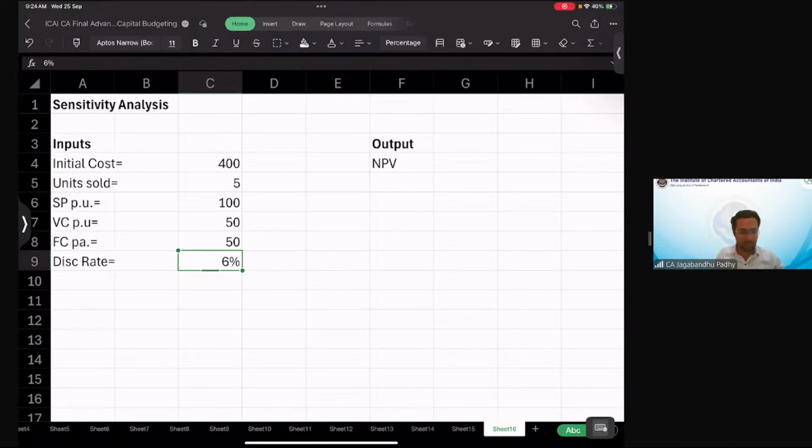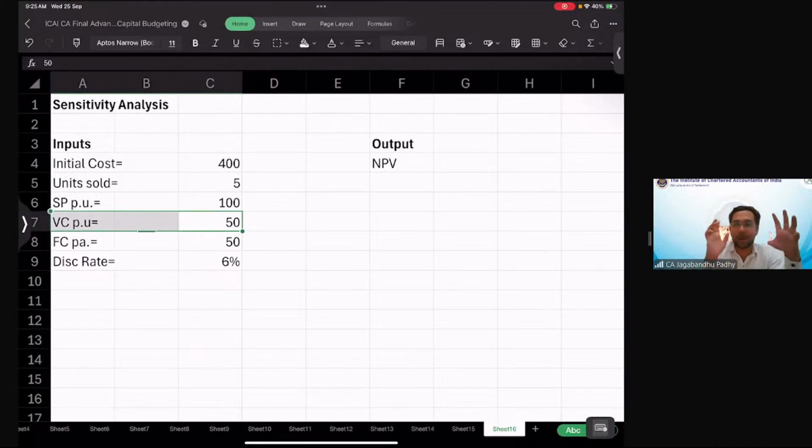For example, if I say that variable cost is more impactful, I will always keep an eye on whether the variable cost is increasing. And the moment I find that it is increasing, I will place my controls so that the variable cost doesn't increase, because it has more impact on the calculation of NPV.